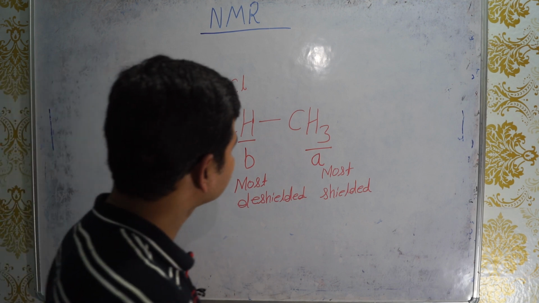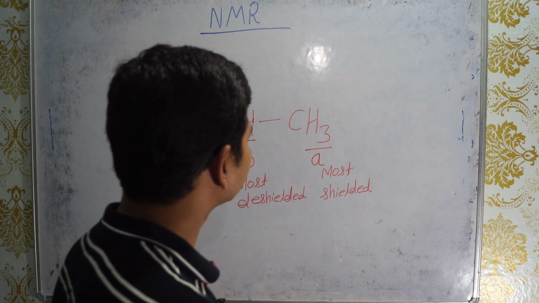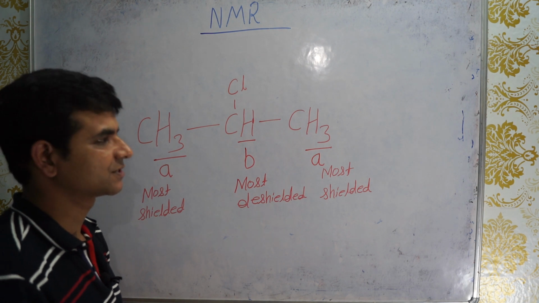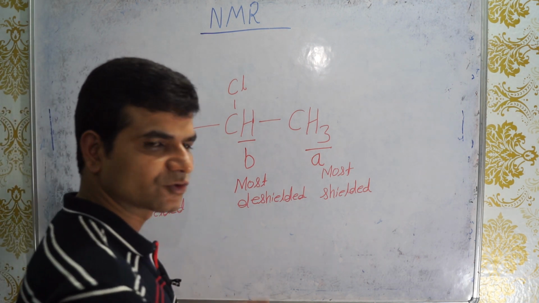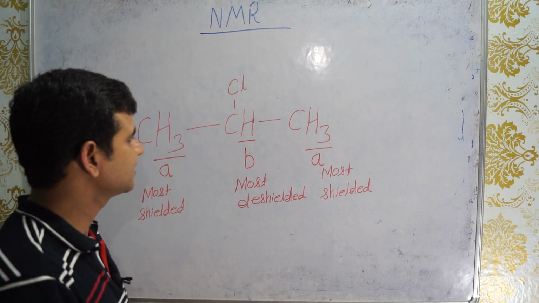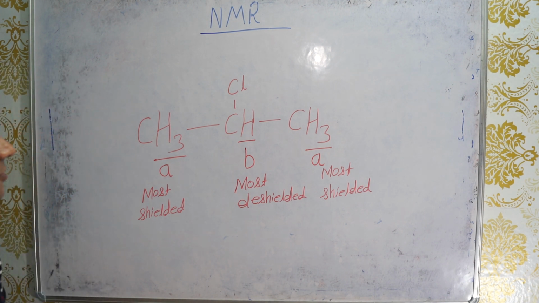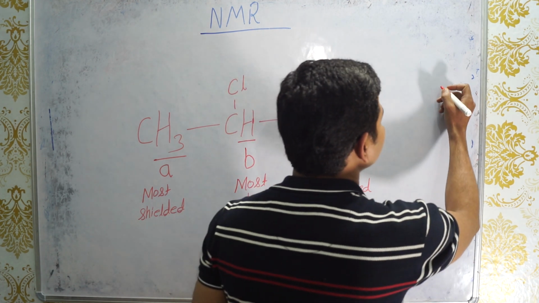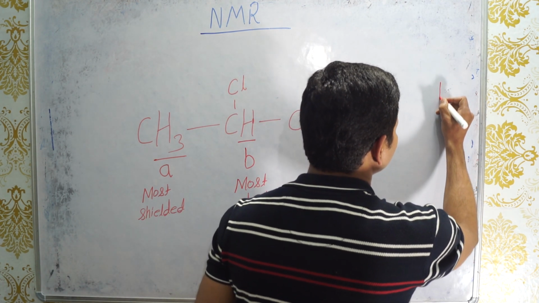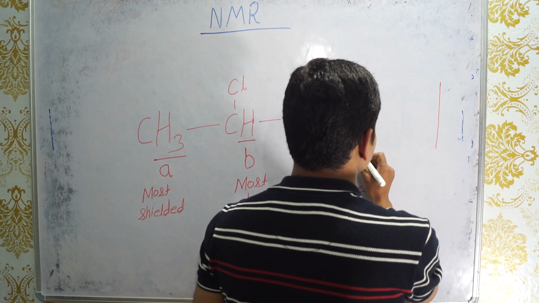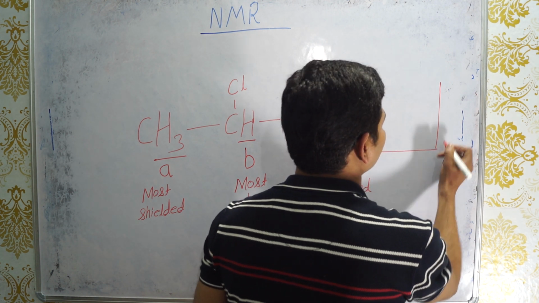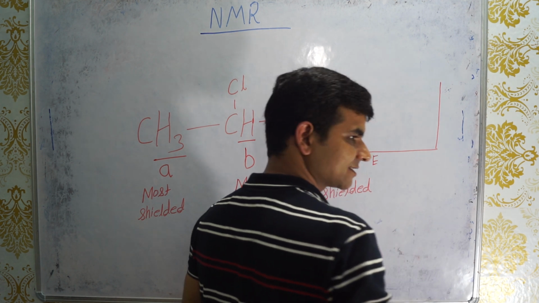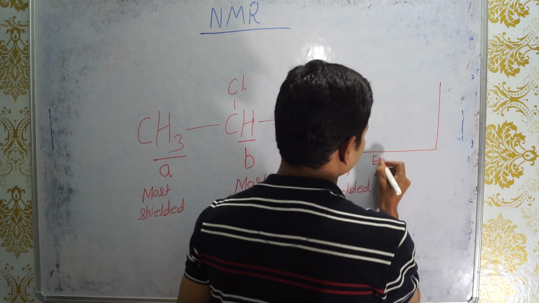Let's discuss what will happen if you place 2-chloropropane into an NMR machine. The NMR machine will generate a graph like this. Here, this is the x-axis, and the x-axis represents energy.